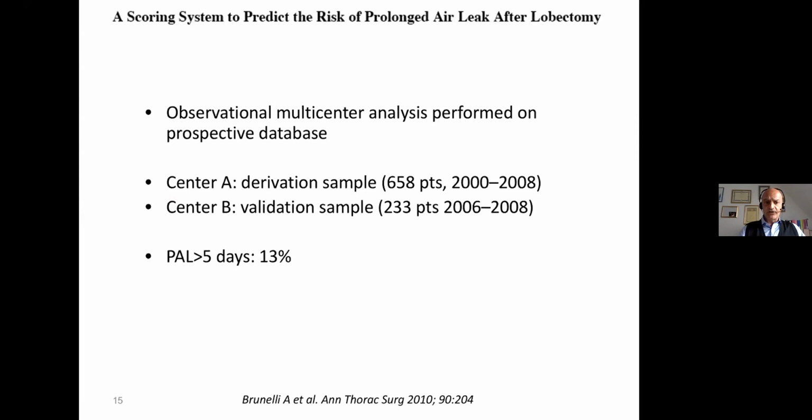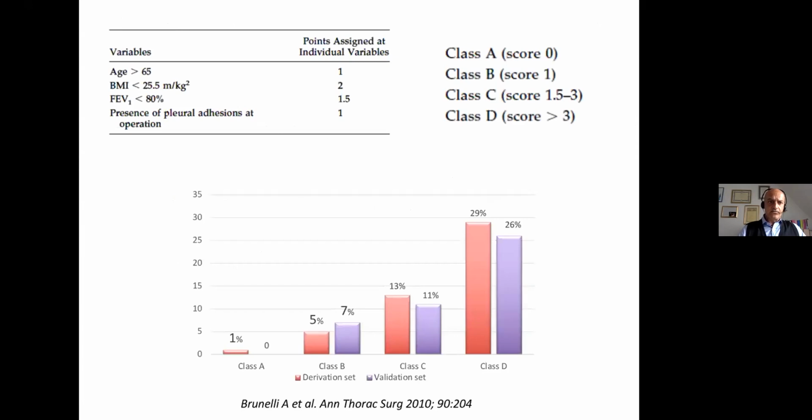The incidence of prolonged air leak greater than 5 days was 13%, and the risk factors were age, a low BMI, which is quite consistent and also scored very high in the regression, a reduced FEV1, which is a marker of compromised respiratory function, frail parenchyma and COPD, and again, pleural adhesion.